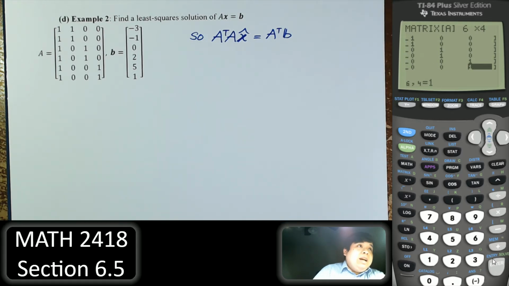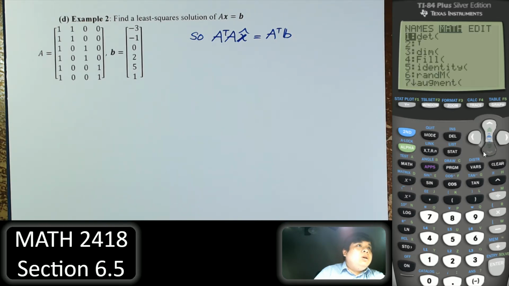Right, enter the matrix A. Now we just use names. You see the matrix A, so we have A, A transpose.